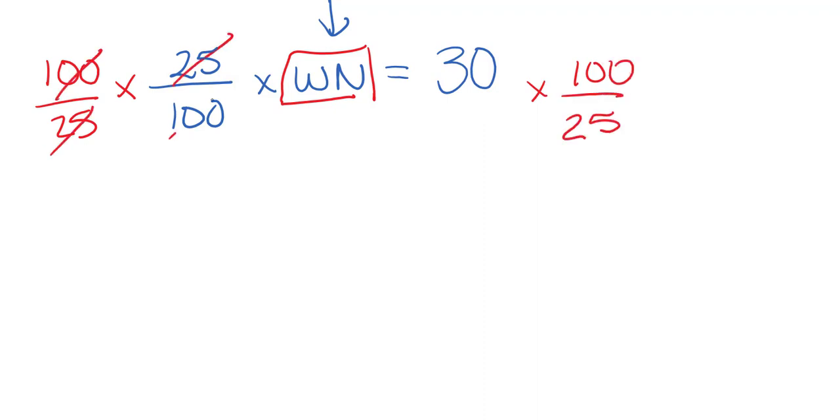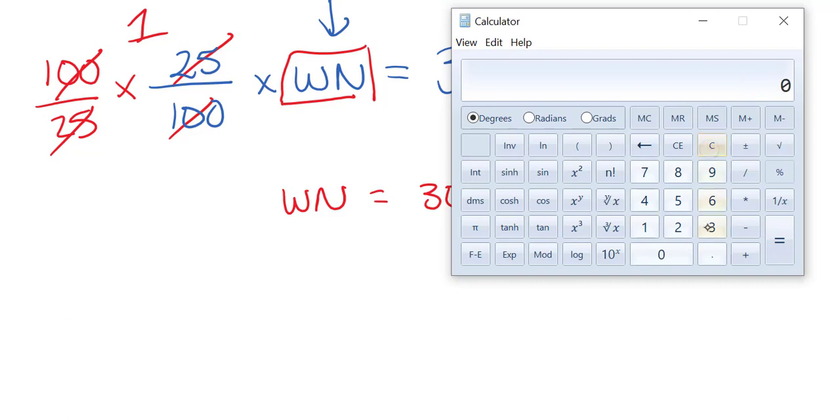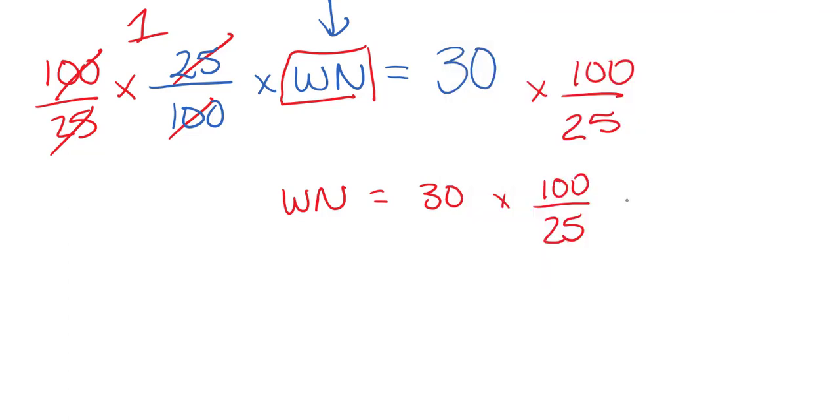This gets rid of it on this side, so this just becomes 1. And then we're left with 30 times 100 over 25. How do we solve for that? We just go 30 times 100, divided by 25, and we get 120. So that's the maximum occupancy of the restaurant.